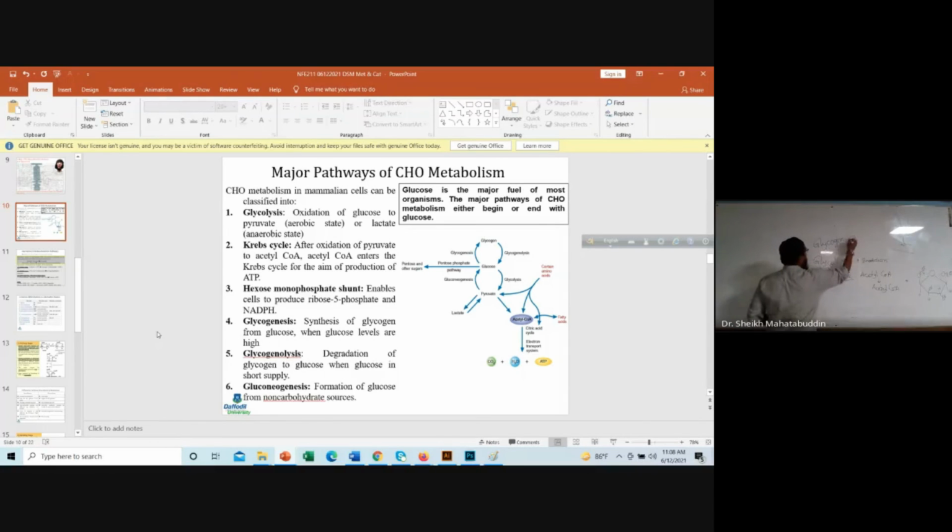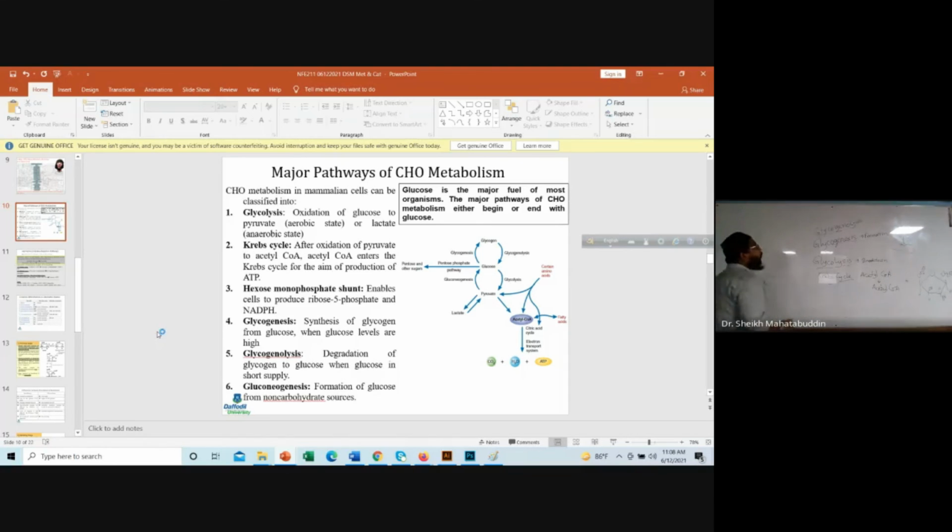Genesis means formation, and glycogenesis means glycogen formation. Then glycogenolysis. Lysis means again breakdown, so breakdown of the glycogen to glucose or any other smaller part.